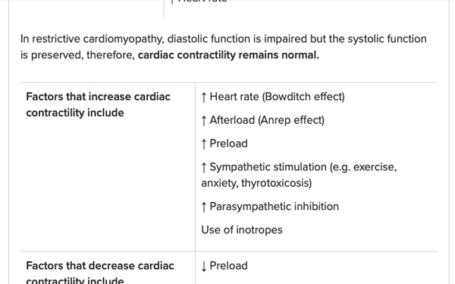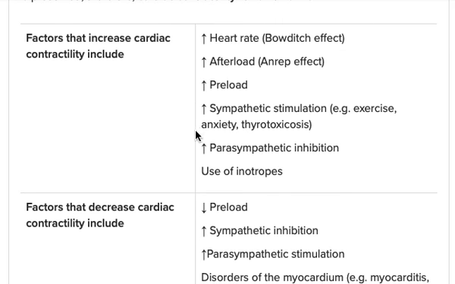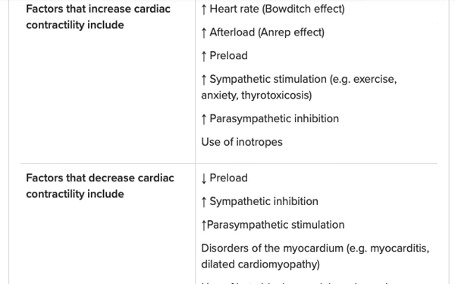Factors that increase cardiac contractility include increased heart rate, Bowditch effect, increased afterload, Anrep effect, increased preload, increased sympathetic stimulation, for example, exercise, anxiety, thyrotoxicosis, parasympathetic inhibition, and use of inotropes.